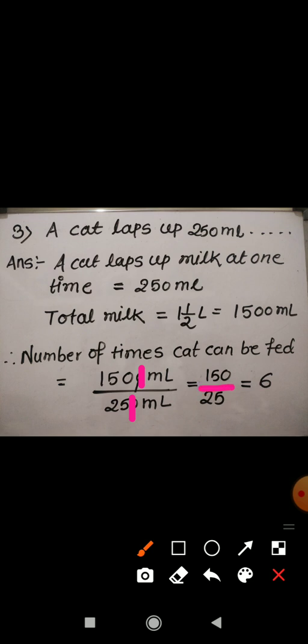And we are left with 150 by 25 only. Now say the table of 25 till you get 150. See, 25 4s are 100, 25 5s are 125, and 25 6s are 150. So the division comes to 6. It means how many times can the cat be fed with 1.5 liter of milk? 6 times the cat can be fed with 1.5 liter of milk.